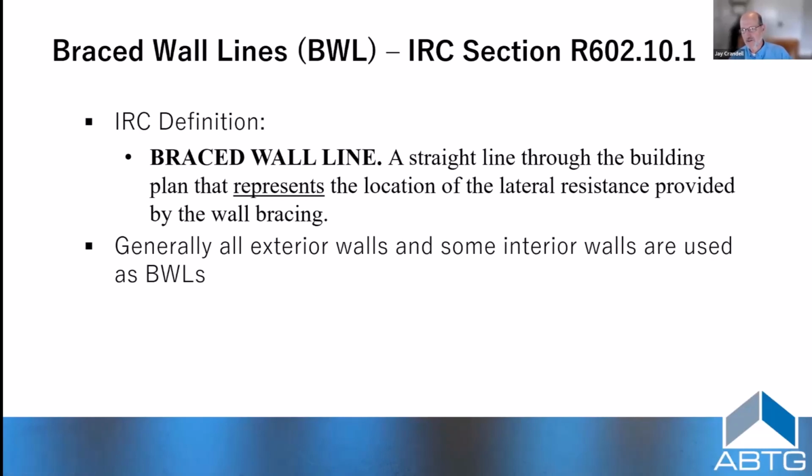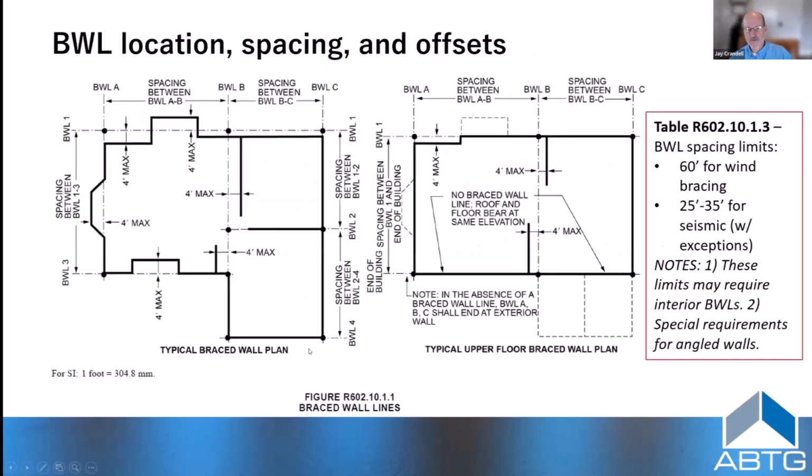And then the question becomes, do I need to fit in some interior braced wall lines so I can have enough window openings on a given wall, or am I in a high load area and need that interior wall regardless? Those are decisions you would make along the way, and it's one of the first decisions you make.